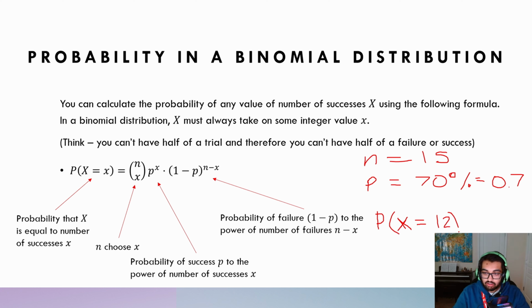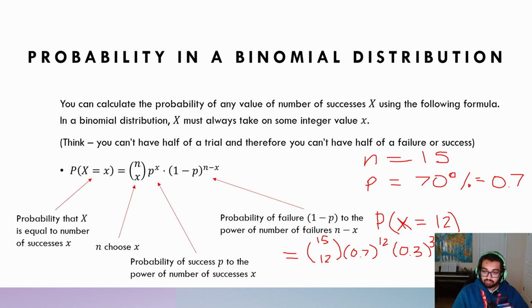So the probability that I hit 12 kids is going to be equal to 15 choose 12 times 0.7 to the 12th power times 0.3 to the 3rd power.